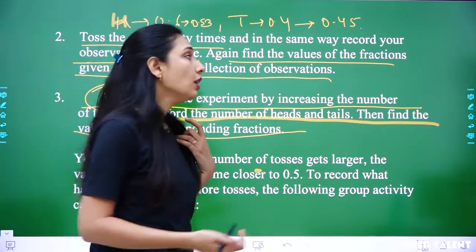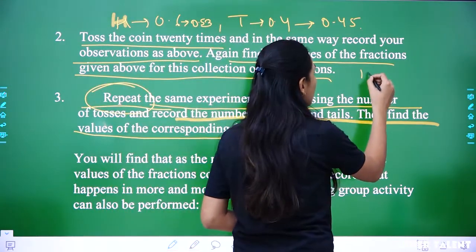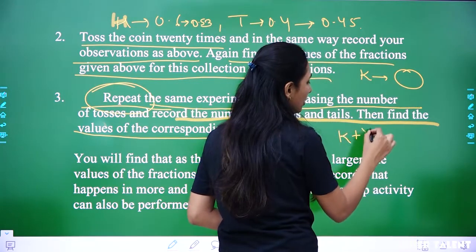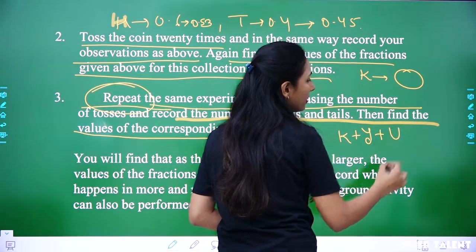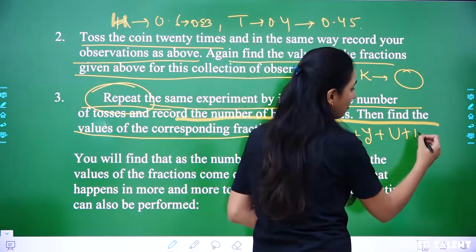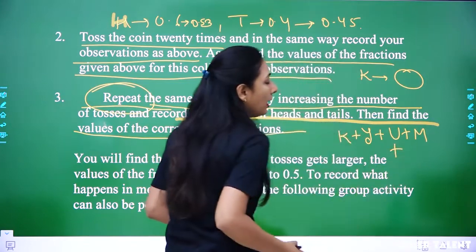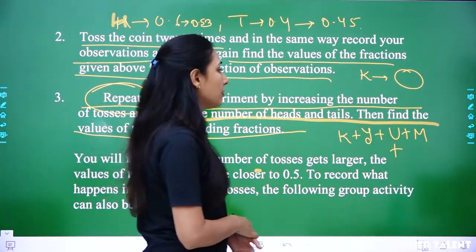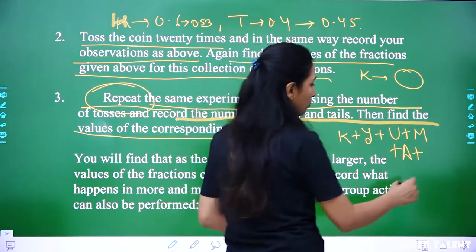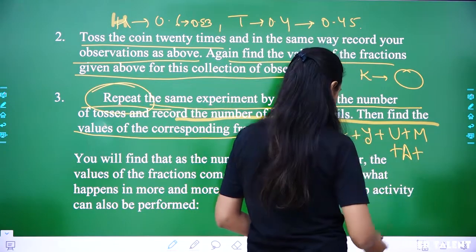You are just going to add them up. Kavita is getting some number, Yash is getting some number, you are getting some number, and let's suppose one is me, so I am getting some number, and let's suppose Ayushi is getting some number, and Himanshu is getting some number. 1, 2, 3, 4, 5, okay, 5 is done.